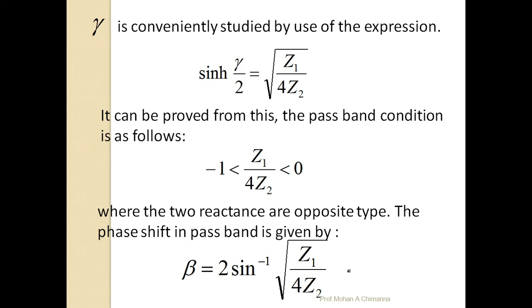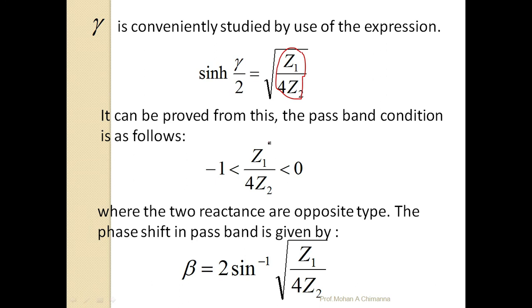Gamma is conveniently studied by use of the expression sinh of gamma by 2, which is equal to root of Z1 upon 4 Z2. Then it can be proved that the pass band condition is as follows: this parameter Z1 upon 4 Z2 should be greater than -1 but less than 0.